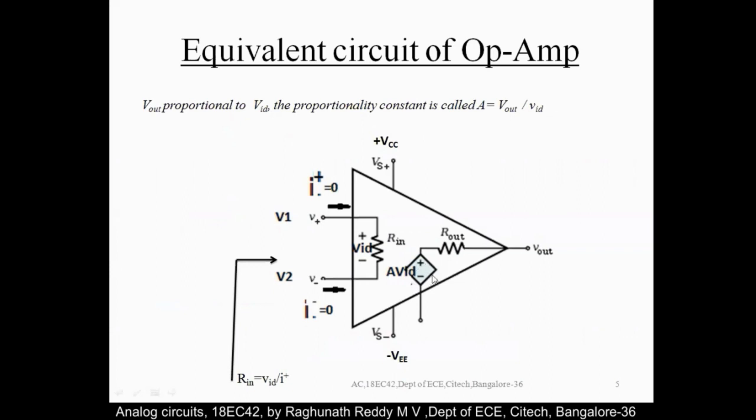The dependent voltage source will have a series resistance R out. R out is the output resistance without feedback. And VID is the differential input voltage. It will be dropped across one resistance called Rin. Rin is the input resistance without feedback. This is the equivalent circuit of op-amp.